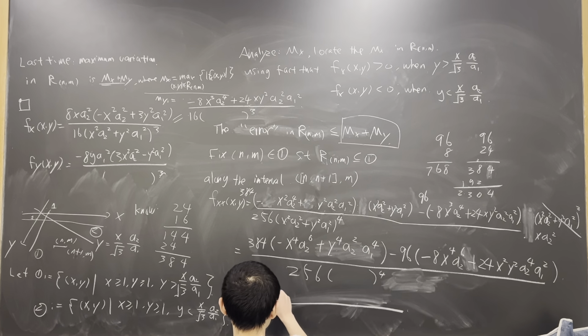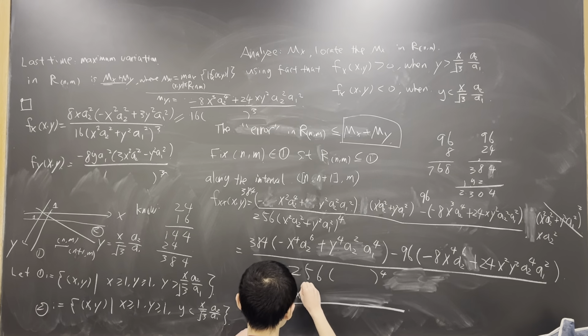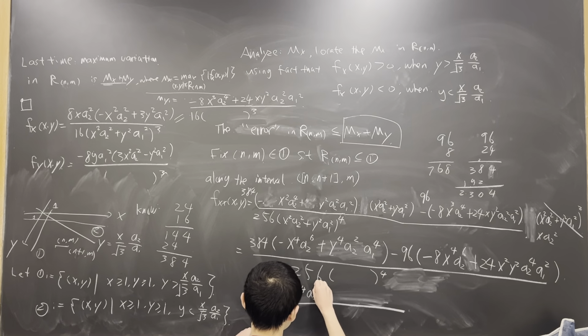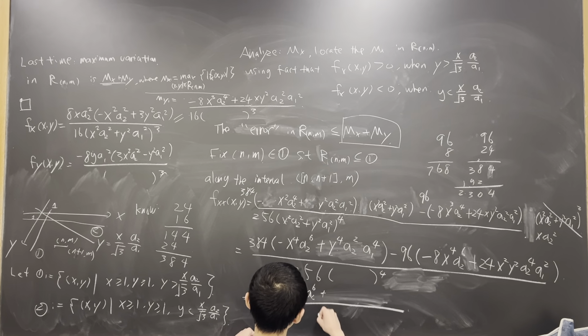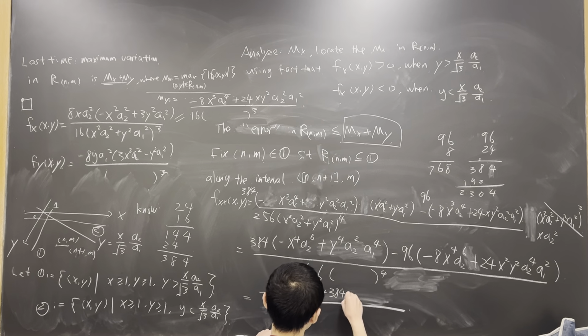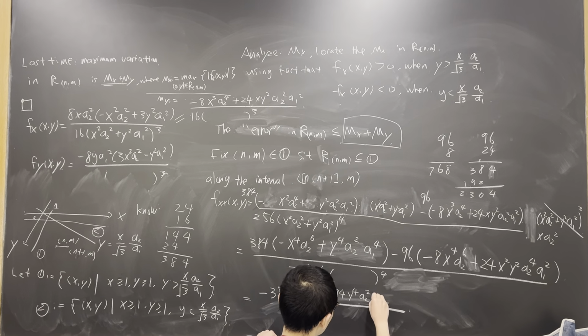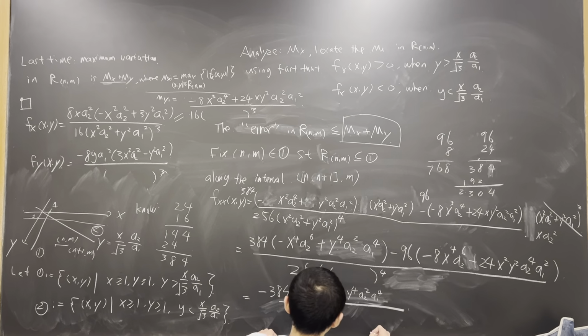So negative 384 x to the fourth power, a2 to the sixth power, plus 384 y to the fourth power, a2 squared, a1 to the fourth power.